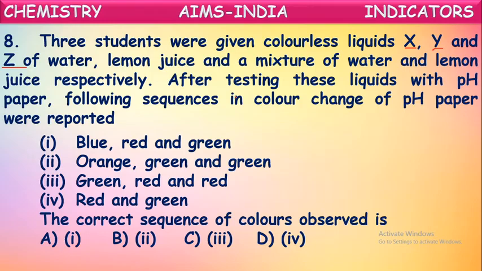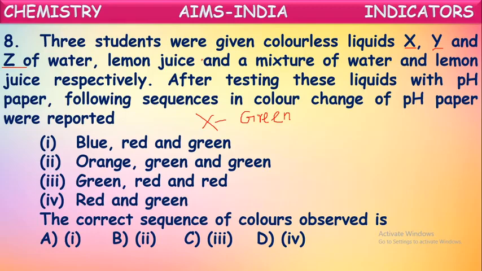Let us observe once. First one is water. We know water and neutral solutions will give green color with pH paper. Green. So the solution X gives green color. What about Y here? It is a mixture of lemon juice and water.